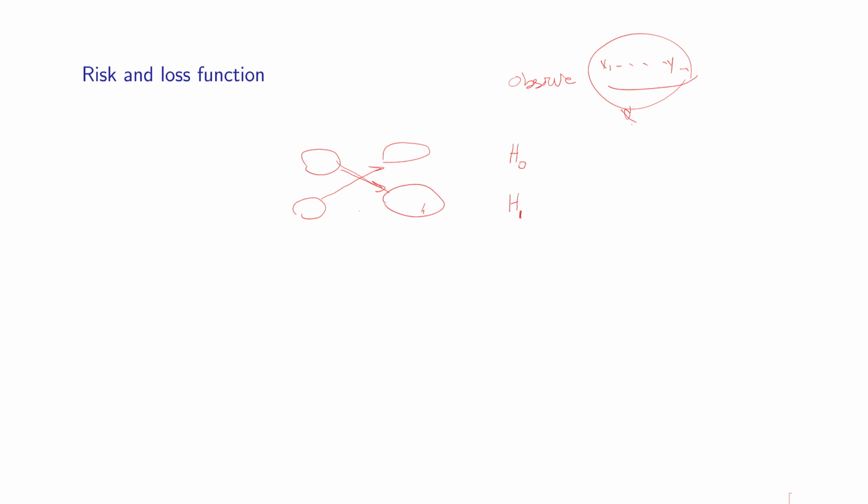Suppose that one of the blades of a turbine in the nuclear reactor is vibrating abnormally. If something is broken there, we say hypothesis 1, and if nothing is broken there, we say hypothesis 0. So having all these noises, having these observations, we want to detect.